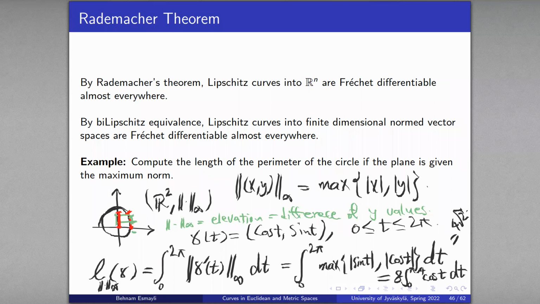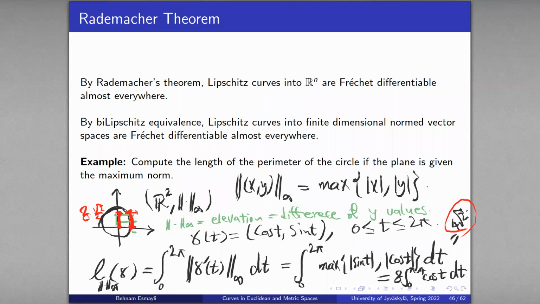So it will be just this length. And if you are at pi over 4 here, this is root 2 over 2. Therefore, the variation in L infinity norm of this segment will be equal to this height difference, which is root 2 over 2. We have by symmetry 8 many of these, and that gives this quantity.